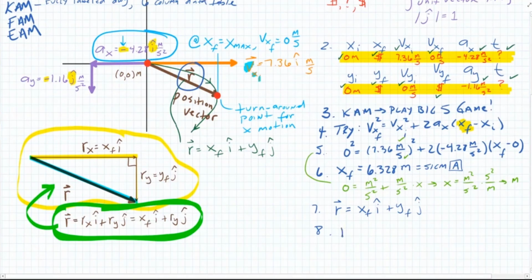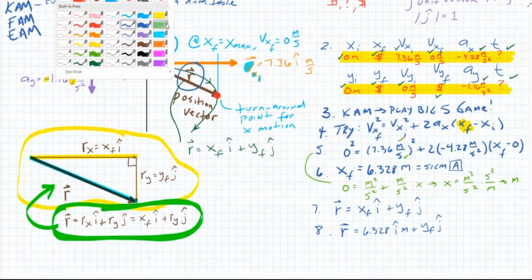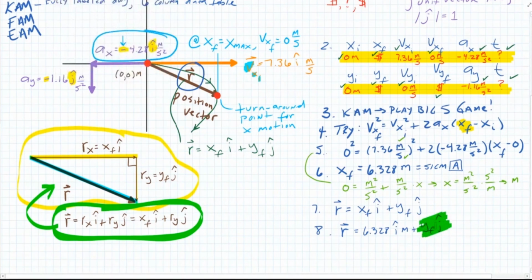So I guess I'll just dribble it out. Equals XF, 6.328 I hat meters, plus some Y final value. Now I need to find this variable right here. So one down, one to go in terms of the position vector.